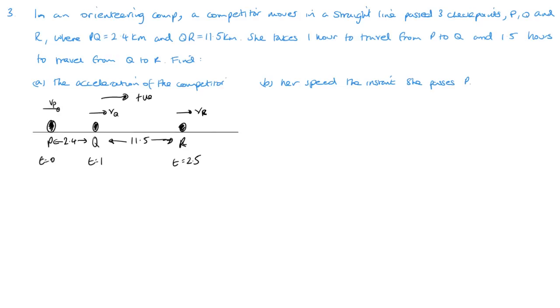VQ is the one that I want to deal with because it appears both between P and Q and Q and R. So between P and Q, V will be VP, time would be 1, distance would be 2.4, and A is what we're looking for. So I can use this to get me an expression in terms of VQ.